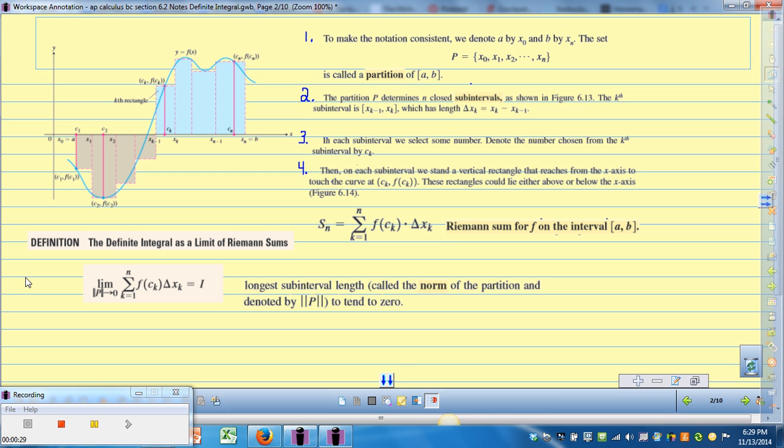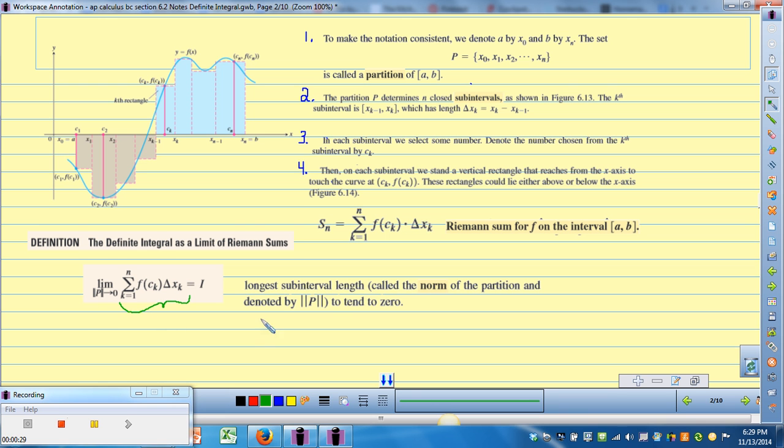So then, if we come over to the definition of the definite integral as a limit of Riemann sums, here is exactly what we just developed. The sum of the heights times the widths for all of the rectangles.